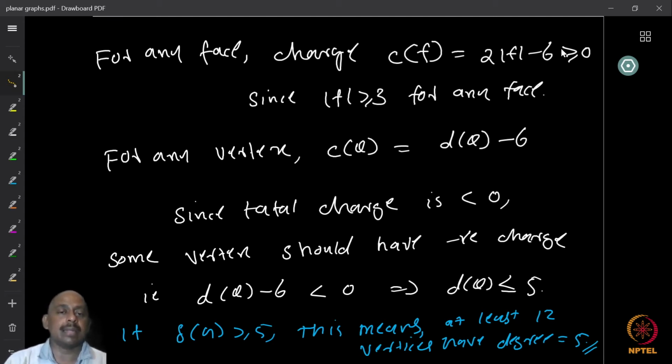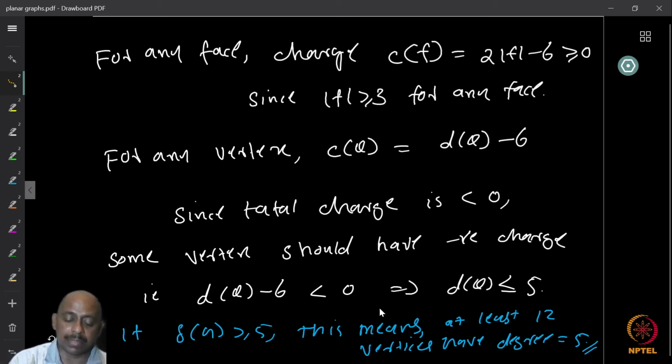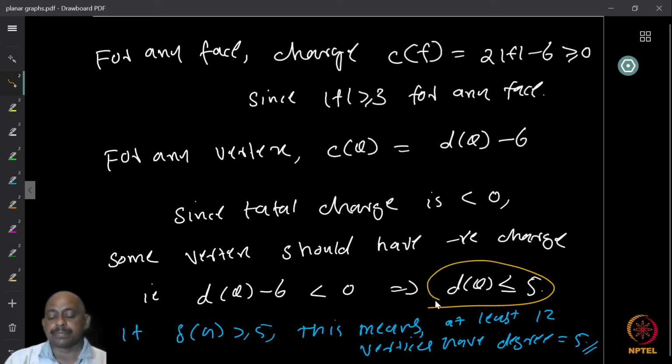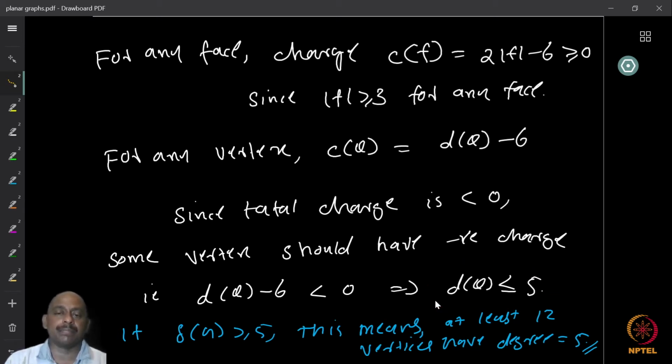So it says that some vertex should give a negative value, and a vertex which gives a negative value cannot have degree greater than 5, because if the degree is 6 or more, its charge is non-negative. So therefore, there must be some vertex whose degree is less than or equal to 5.